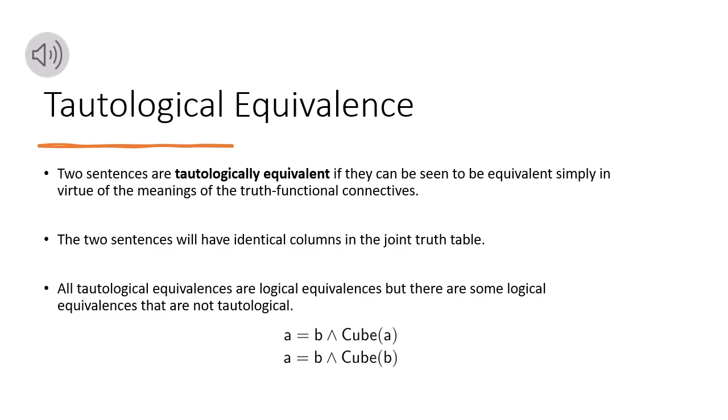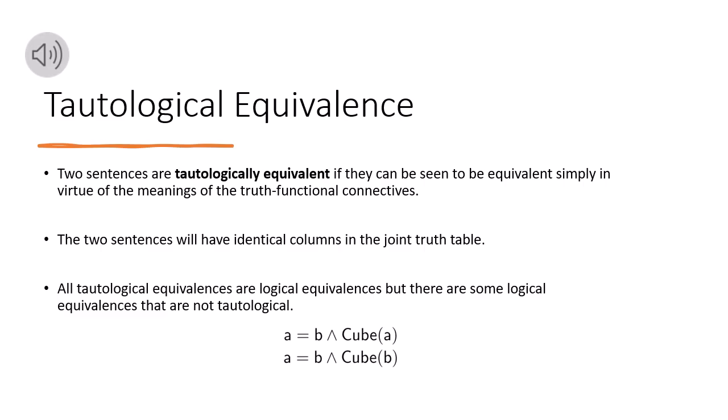So if Cube A is true, then Cube B will be true because we can substitute A for B. And vice versa, if Cube A is false, then Cube B would be false as well. And so these two sentences together have the same truth values in all possible circumstances. So they are logically equivalent.